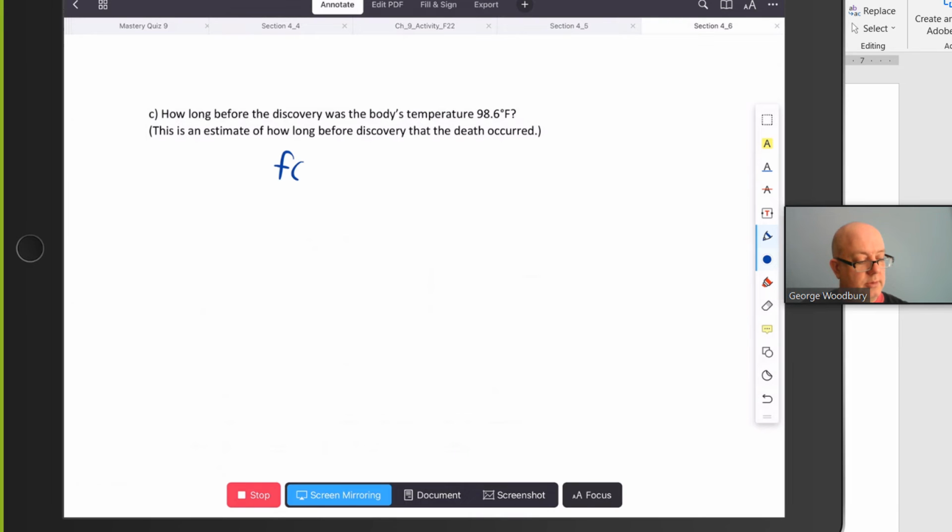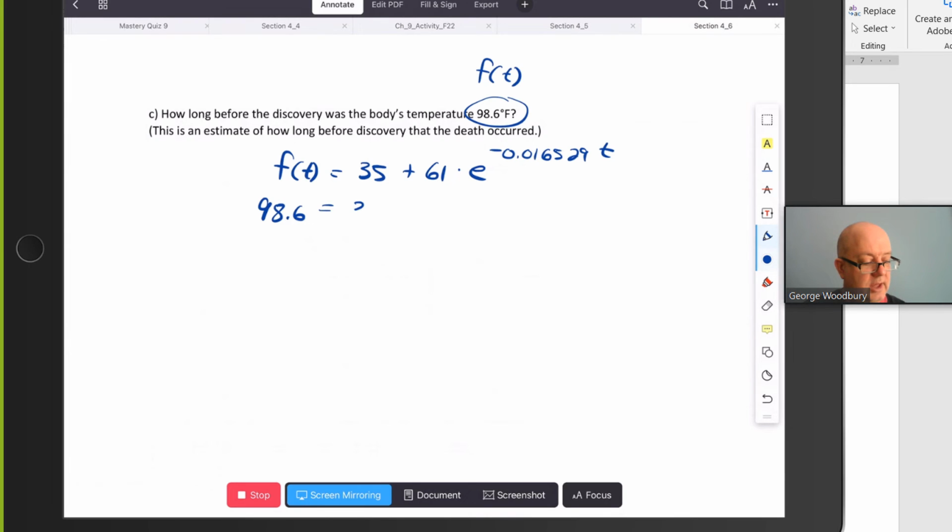So our model, f of t equals 35 plus 61 times e to the negative 0.016529 times t power. Here, we know the temperature, that's a function value, so that goes in on the left-hand side, and we can solve this equation for t.